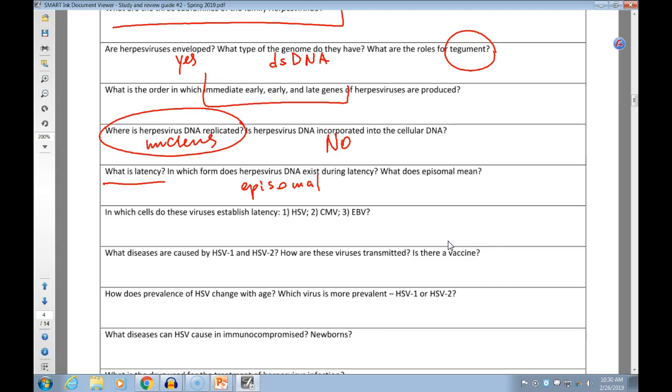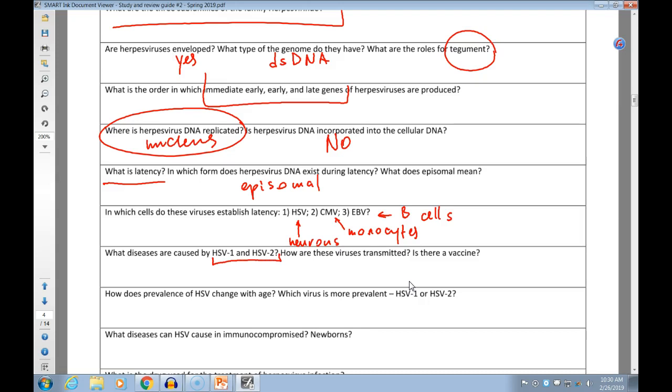Herpes simplex virus establishes latency in neurons. Cytomegalovirus establishes latency in the monocytes. And Epstein-Barr virus establishes latency in the B cells. Now, herpes simplex 1 and 2 cause herpes.